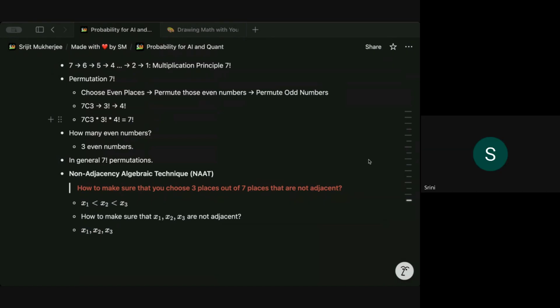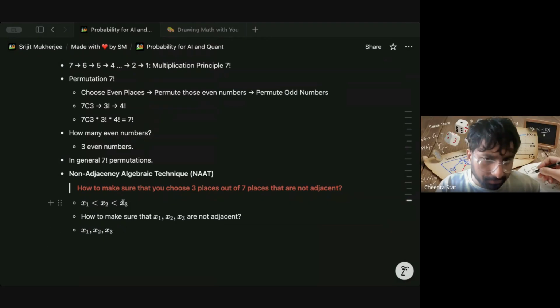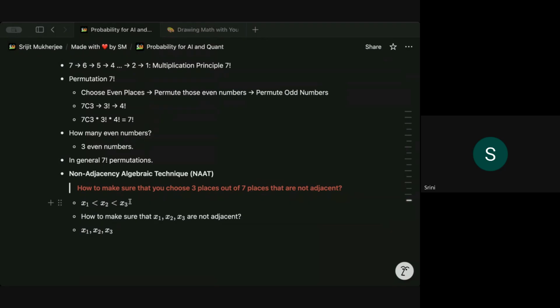Because you have ordered it, you can choose your least element first. That is x1, because you have ordered x1 less than x2 less than x3. Now your x2 can be anywhere between x1 plus 1 to the total minus 1.